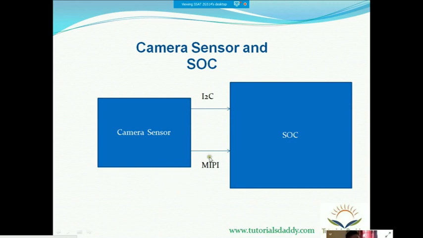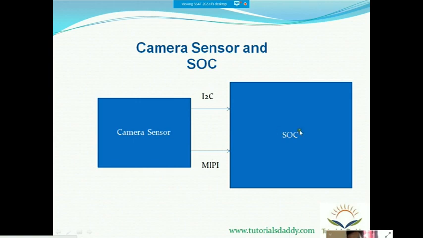In the coming slide we will understand what exactly the MIPI interface is. For the time being, just understand that all the data transmission from the camera sensor to the SoC happens through the MIPI interface. Whatever frames the camera sensor is capturing, all these frames come through the MIPI interface to the SoC.